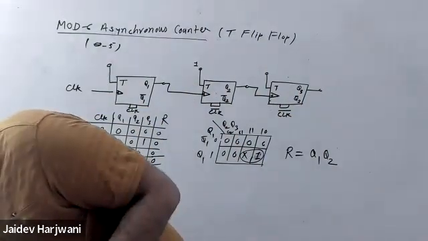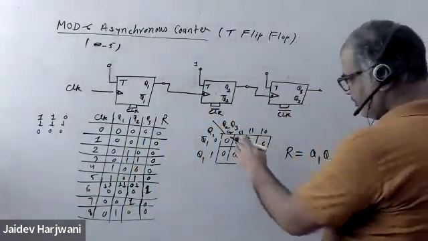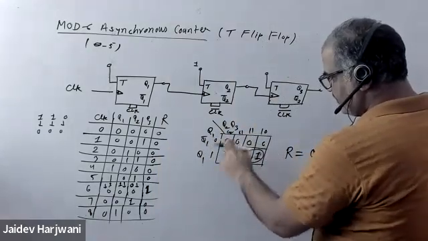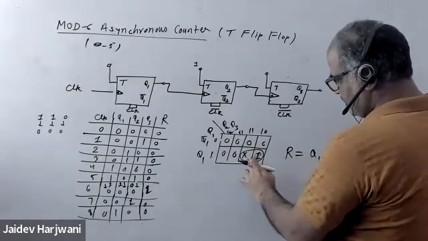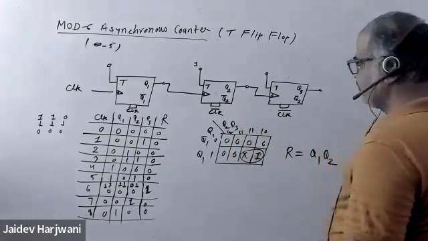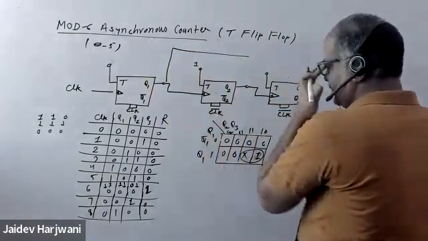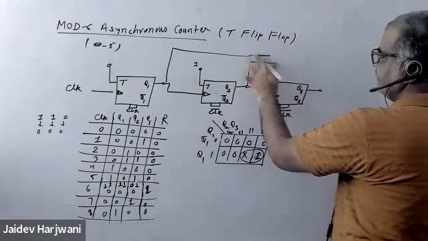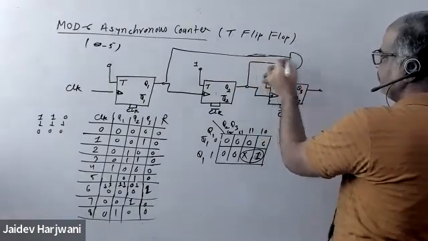Just 1 minute. Is it q1 q2 or q2 q3 coming? So this is q1 and this is q2 q3, 0 0 0 0 for this term. You have this 1 1 q2, q1 q2. So let us take q1 from here, and let us take q2 from here, and send them to a NAND gate.